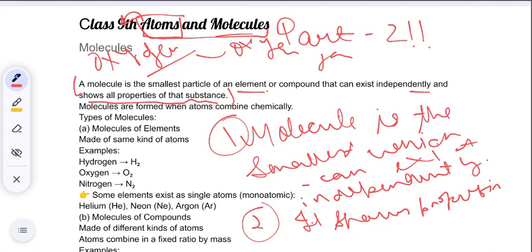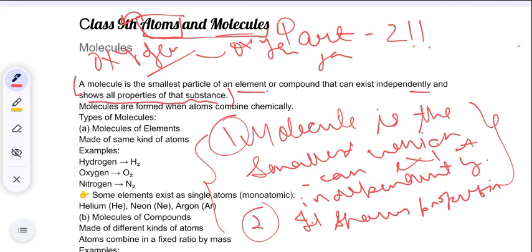These were the two properties of molecule. Means it is the smallest part of an element or compound that can exist independently in nature, and it also shows the property of that substance, okay.